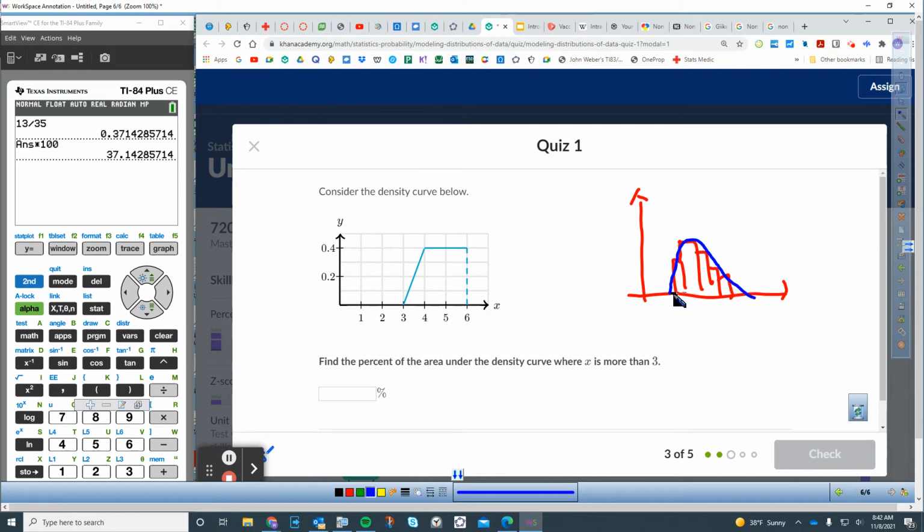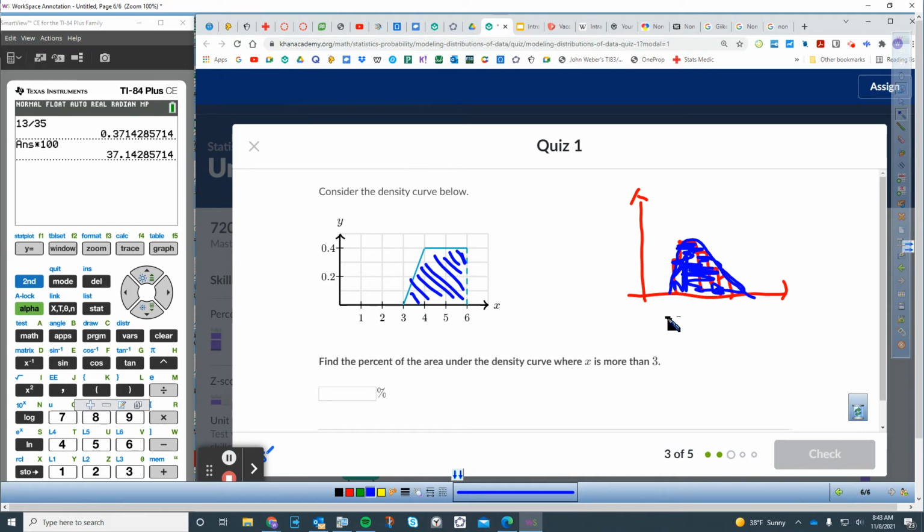So this is kind of the rough shape of the density curve. In this case, even though it's not curved, it's straight lines. The density curve represents the area. If you add up all the area here, it should be 1.